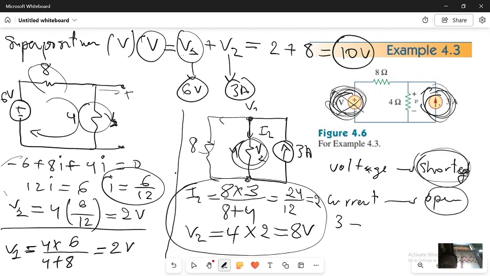I will have 3 equal V2 divided by 4, plus the same V2 at this node divided by 8. Now in this case you have only one unknown, V2, which you can determine. This means that when we reach this case, all the methods that we have seen in the previous video, we are going to use them. That's why I request that you follow the videos in order.